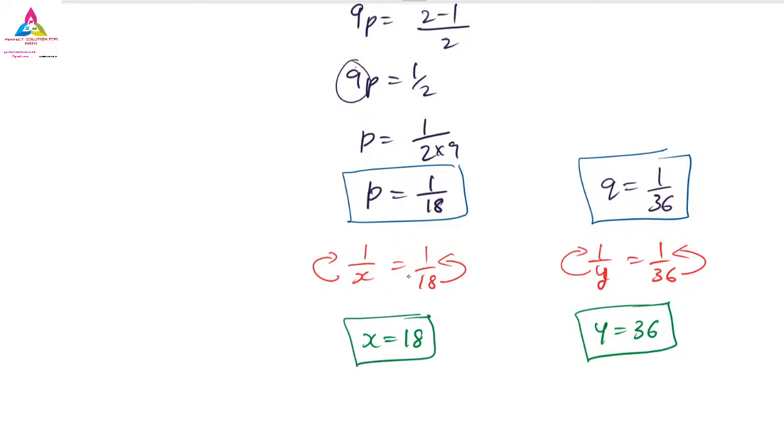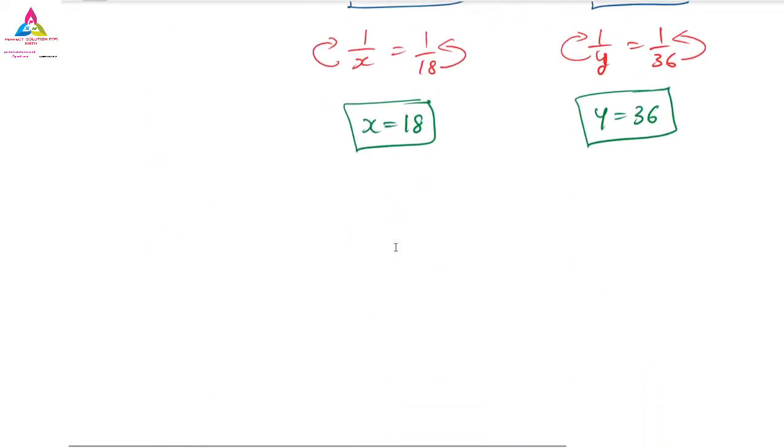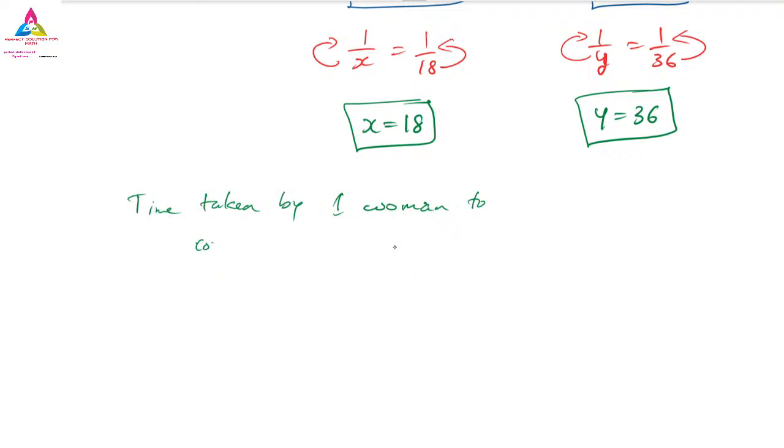And what is x? The time taken by one woman alone to finish the work is x, that is 18 days. The time taken by the man alone to finish the work is 36 days. That is the answer. So lastly, write down: time taken by one woman to complete the work is x, equal to 18 days.